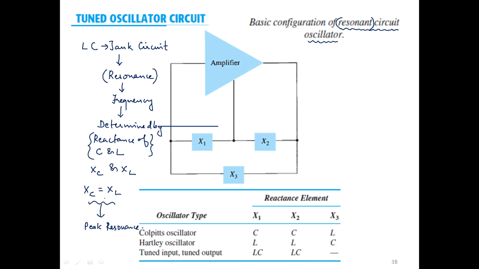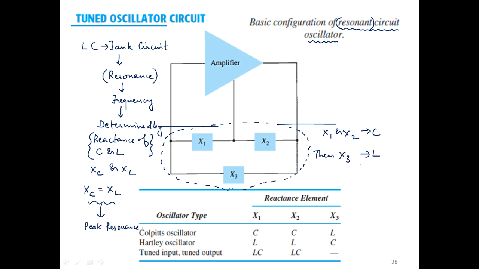Now the same tank circuit is being used in the feedback section of this particular oscillator circuit. So if we want to denote it explicitly in this oscillator, this is where the tank circuit consists of X1, X2 and X3. Okay, normally if X1 and X2 are capacitors, then X3 will be an inductor.